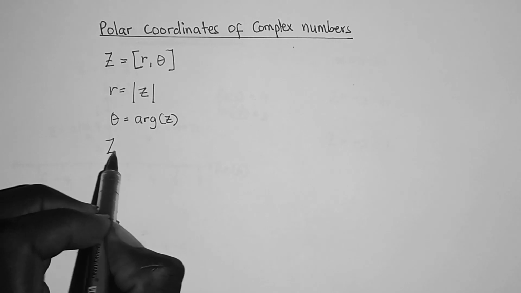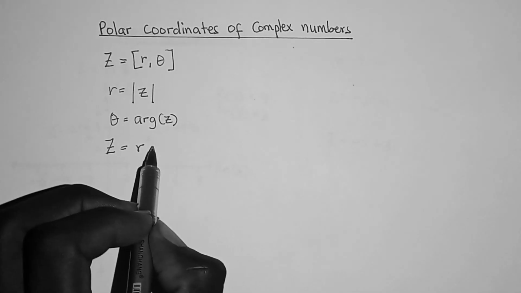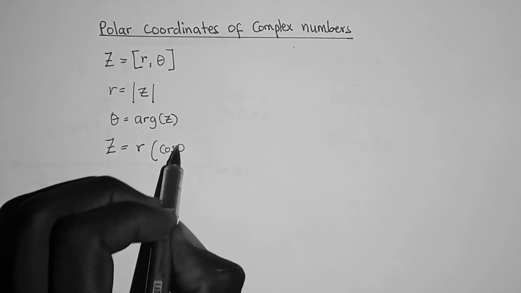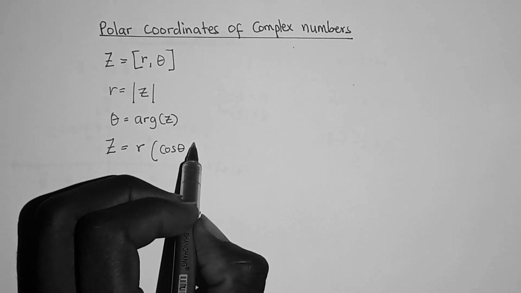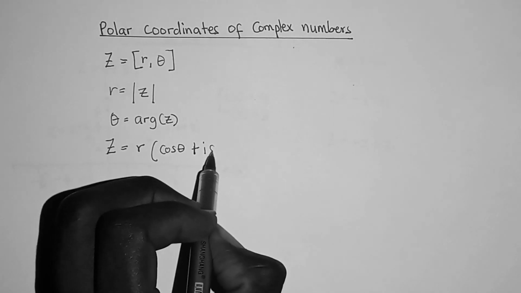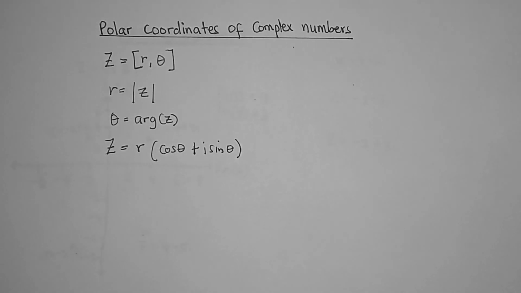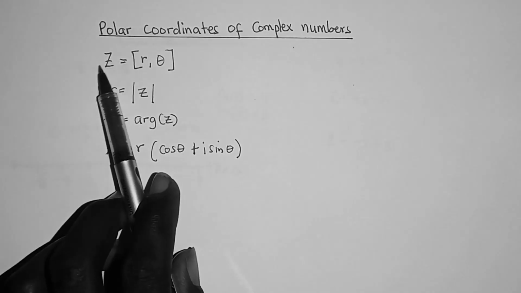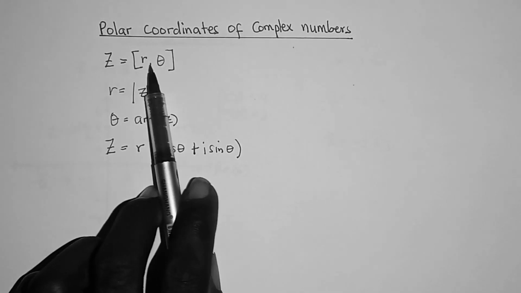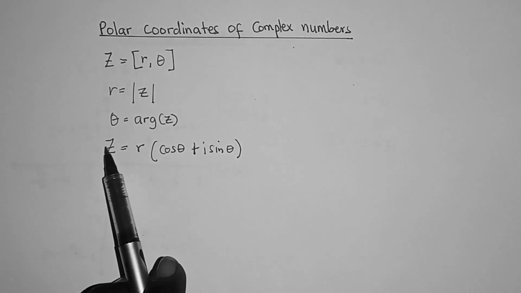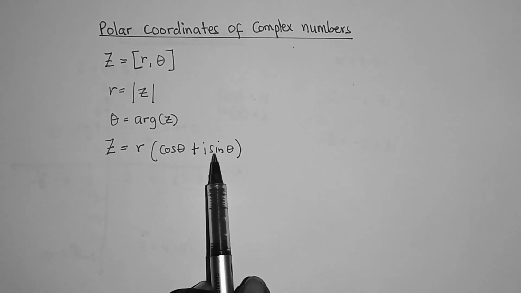So the complex number in terms of polar coordinates can be represented as r(cos theta + i sin theta), where cos theta is the real part and i sin theta is the imaginary part of the complex number in polar coordinates. The complex number is either represented as (r, theta) in this kind of bracket, or as z equals r(cos theta plus i sin theta).